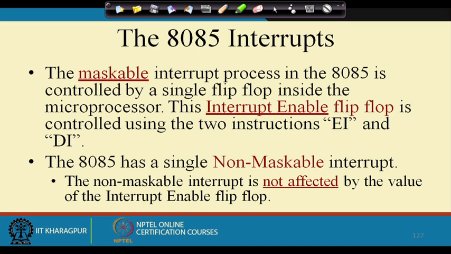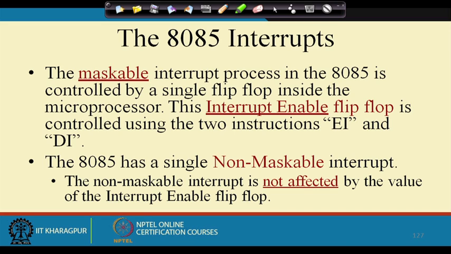EI will enable interrupts and DI will disable interrupts. They actually affect this interrupt enable flip flop: EI will set it to 1 and DI will set it to 0.